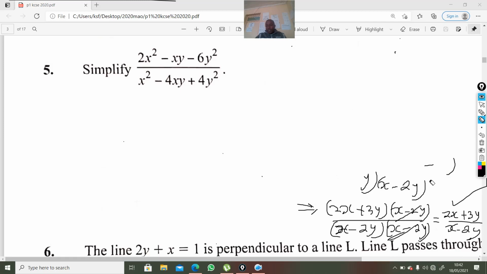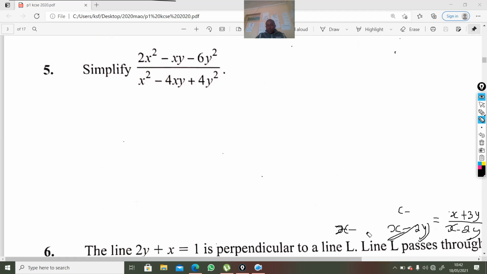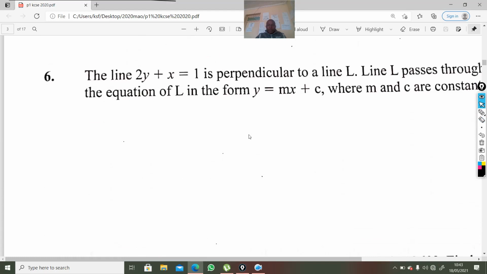Let us look at our next question, question number 6. The question is talking about equation of straight lines.